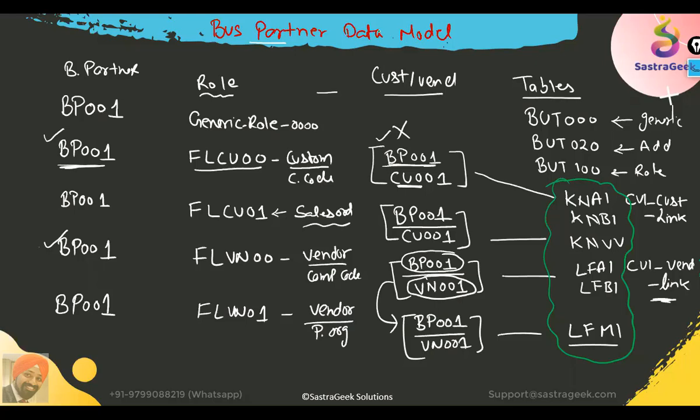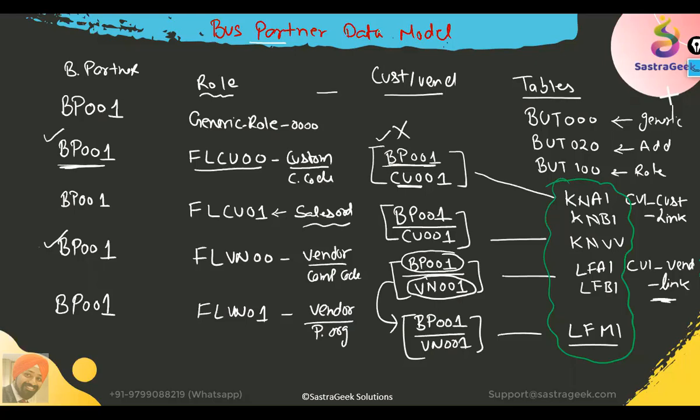If we speak of single source of truth in terms of tables, will it be the BUT tables or still KNA1 and LFA1? That concept doesn't apply here when we talk about single source of truth. Basically, in finance, we have a new table, ACDOCA, which combines a lot of things and gives you everything from ACDOCA.